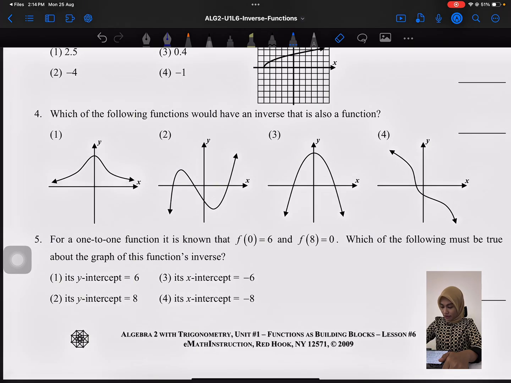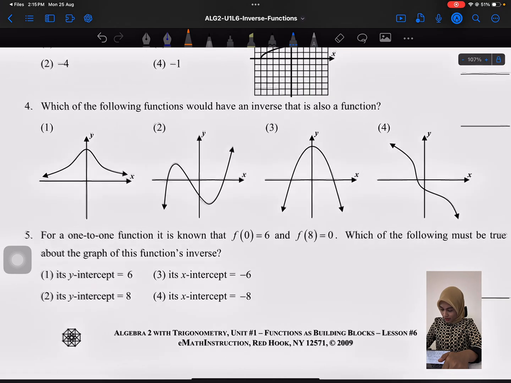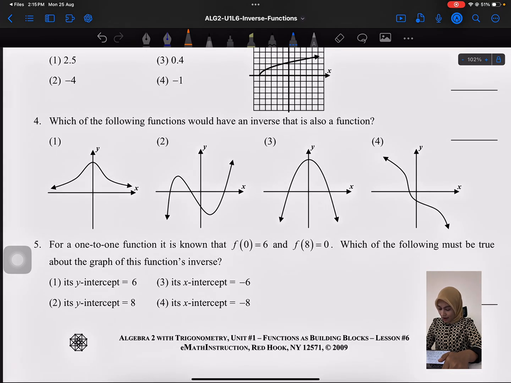Okay, so for number 5, for a one-to-one function, it is known that f(0) is equal to 6 and f(8) is equal to 0. Which one is true about the graph of this function's inverse? Since f inverse of 0 equals 8, by definition the y-intercept of the inverse must be 8.